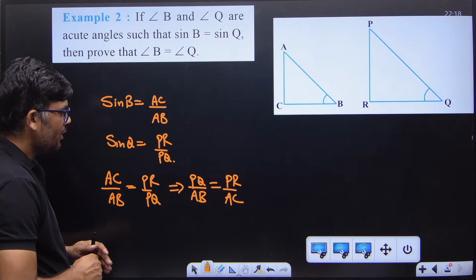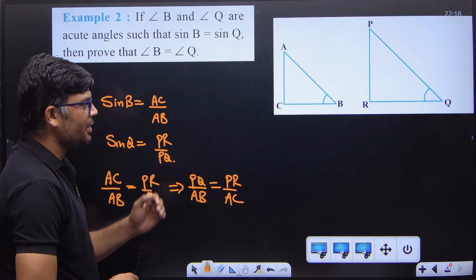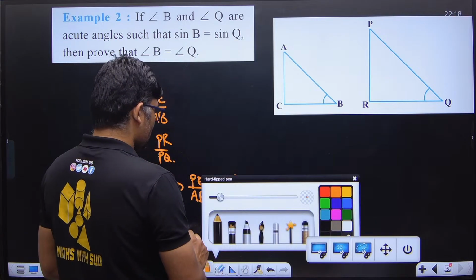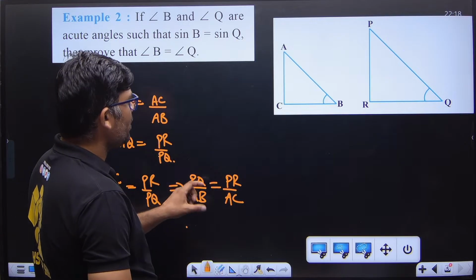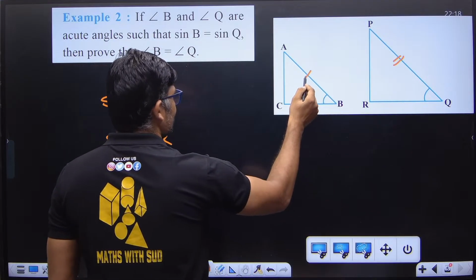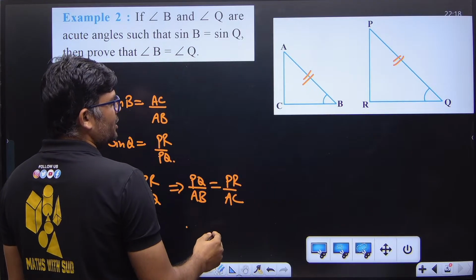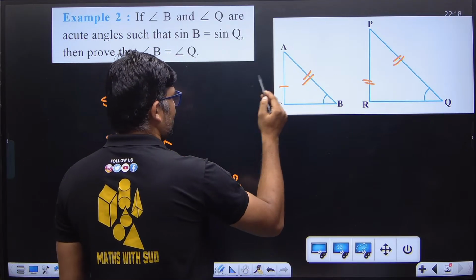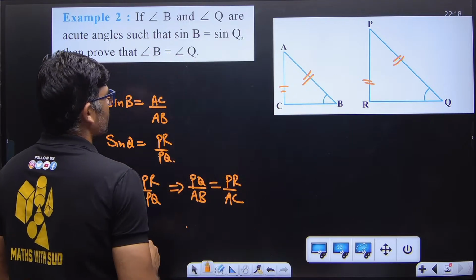Okay, so these ratios are equal. Where are PQ and AB? So this is PQ and this is AB, and where is PR? This is PR and this is AC.